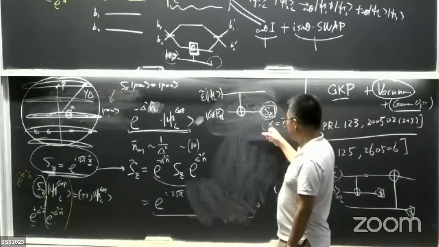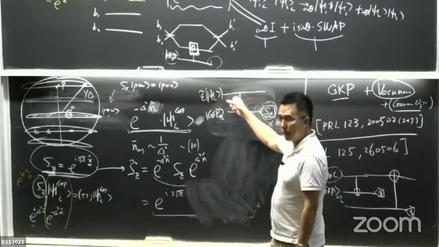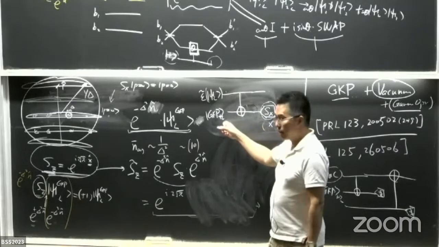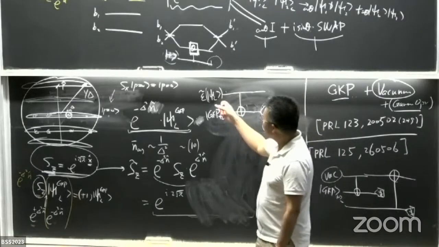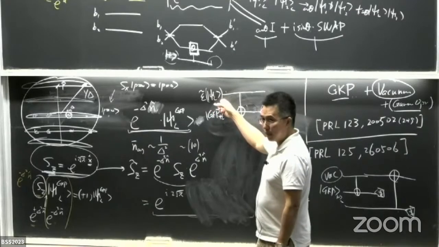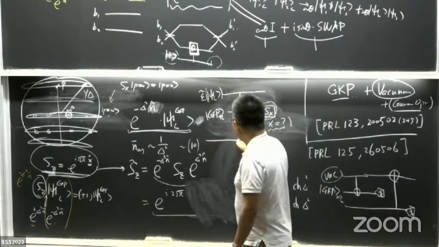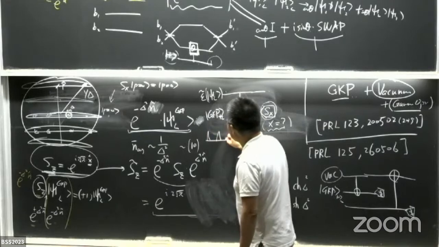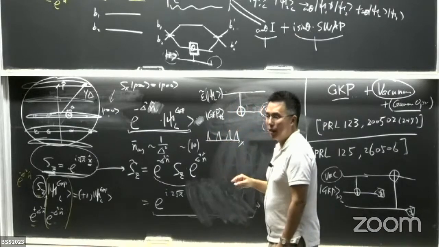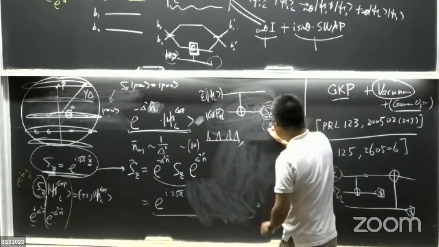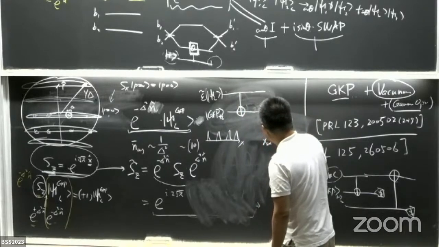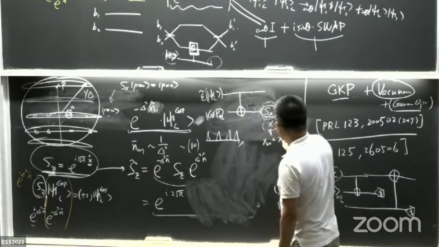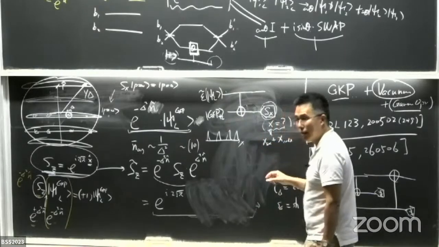Because I cannot do this X measurement over the original logical state, but I can do it with this ancilla. Measuring this X does not tell me the original X in this code word, because my ancilla has X positions as a superposition. So this X is actually the ancilla X plus the original code word X.